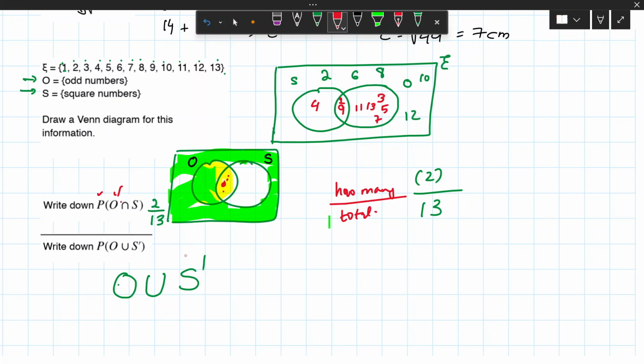And the answer is yes, because you are considering O. O is acceptable and outside of S is acceptable. Both of them are acceptable. Because O is acceptable, that is the reason why the yellow gets accepted. And because outside of S is acceptable, that's why everything else, although it is kind of spilling over into the O bit, is included. So that's the reason why we're using both of them.